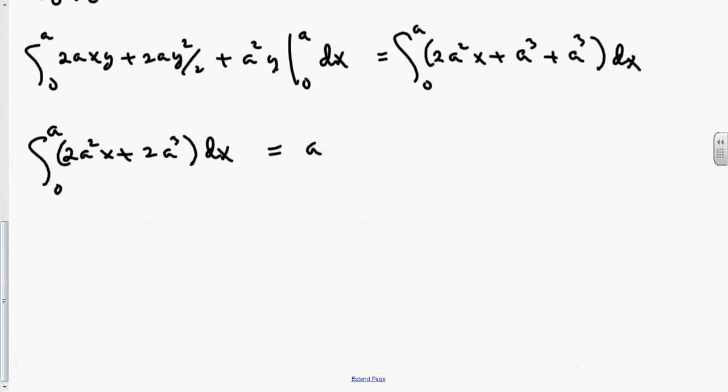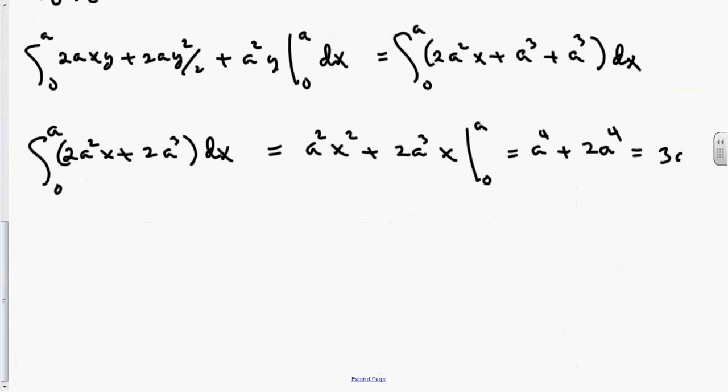We get a squared x squared plus 2a to the third x. x is evaluated from 0 to a. So we get a to the fourth plus 2a to the fourth, and that gives us 3a to the fourth.